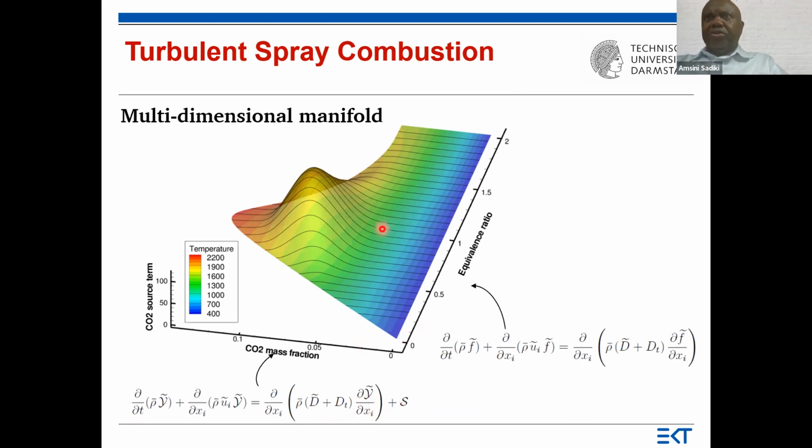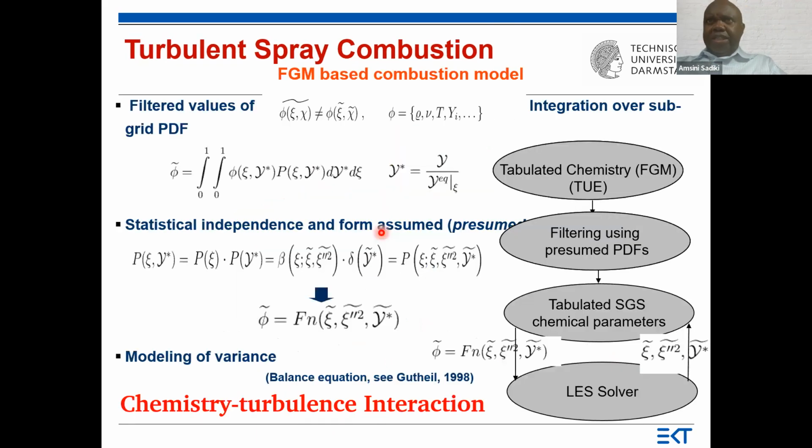These allow us to generate this kind of table. I showed you how we generate it from the turbulent chemistry to reduce it, and how we use the presumed PDF to get the lookup table, which is now in interaction with the LES solver.